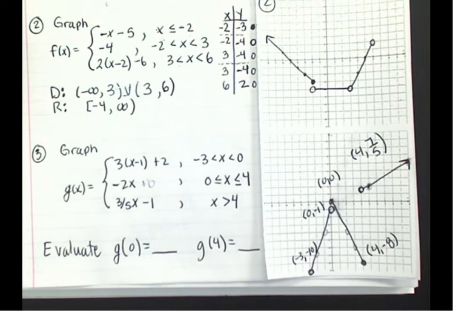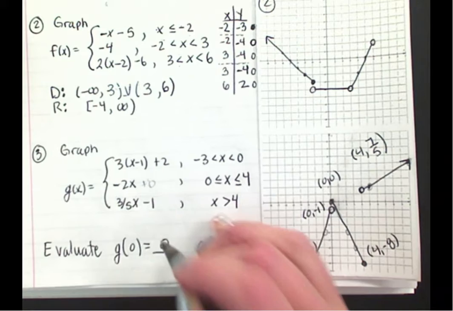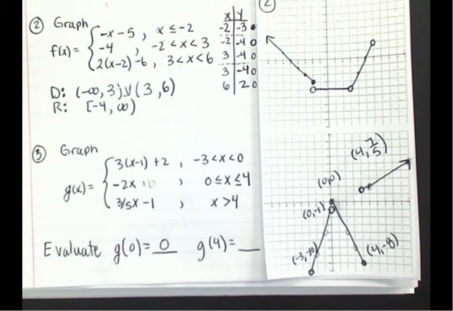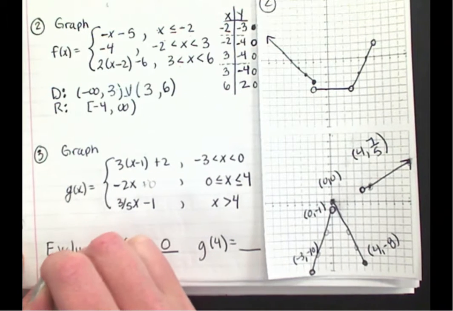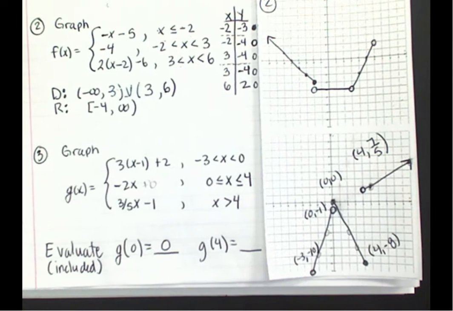What goes in each of those blanks? 0. Yes, but why? Oh, because there's a closed circle at 0. Because there's a closed circle. When I say evaluate, I mean which points are included, not open points.